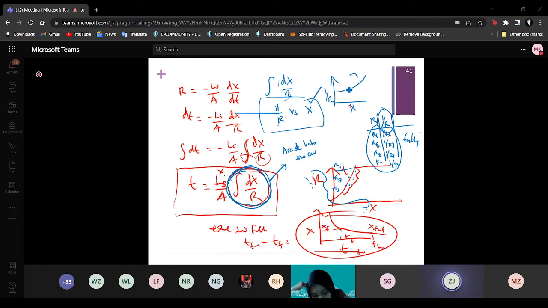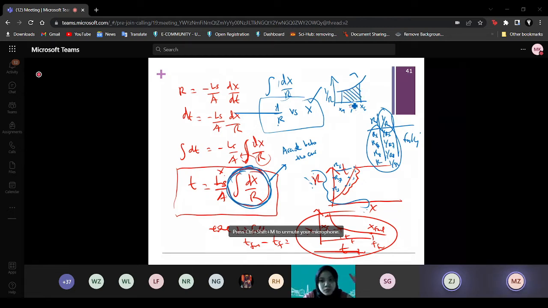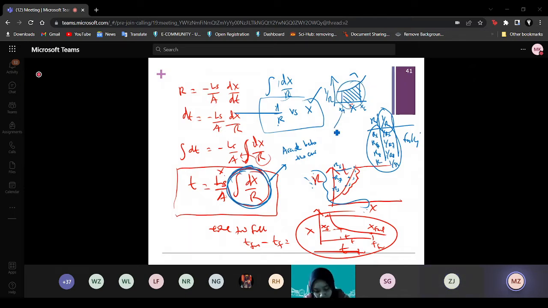This is 1 over R versus X. All right, so what happens is that you need to find the area. Let's say this is X6, this is X9. So you need to find the area here. Once you get this area, you can just insert it as the integral of dx over R.